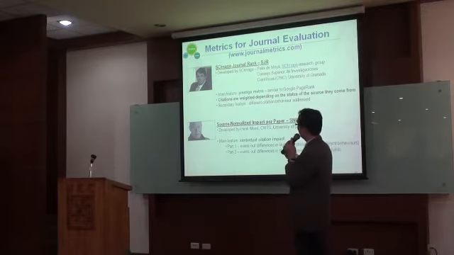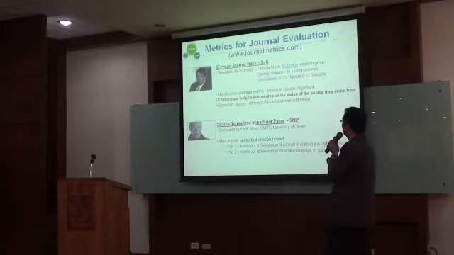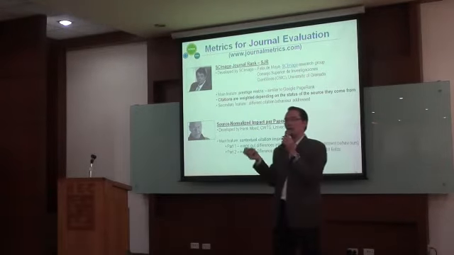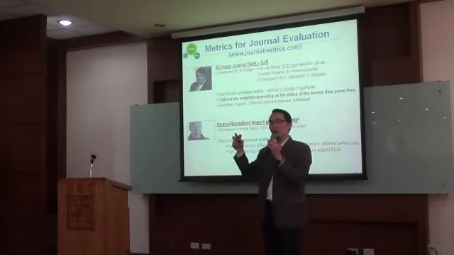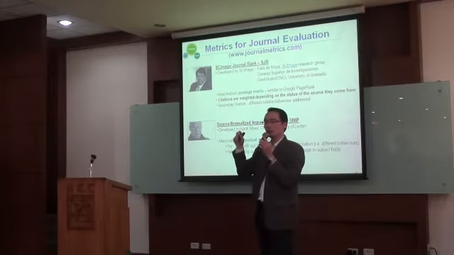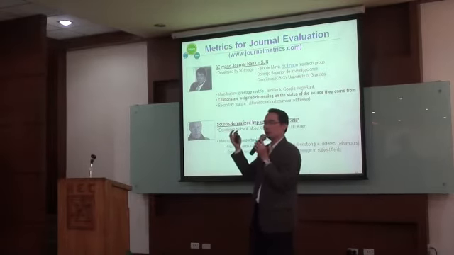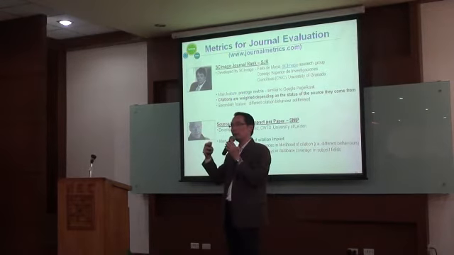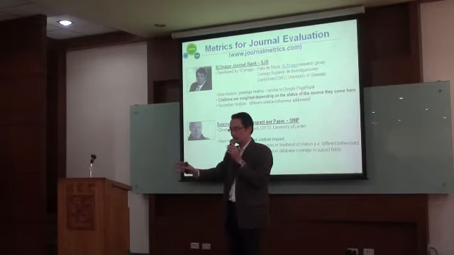The next one is the Scimago Journal Rank. Okay, this is developed by a Spanish person, and it's part of the Scimago Research Group, if you've heard of them. This is like a Google PageRank. Now, what you're trying to do on Google PageRank, for example, is to ascertain the popularity or the influence of your particular website.